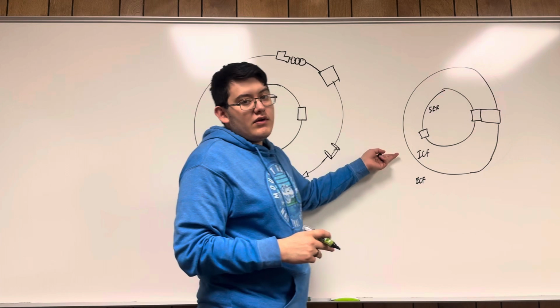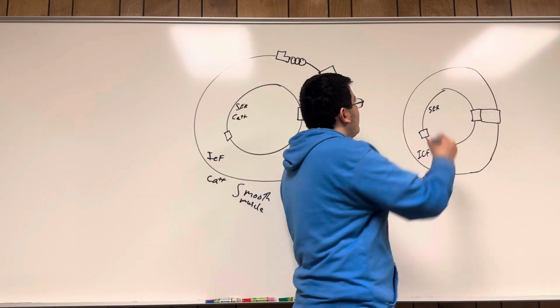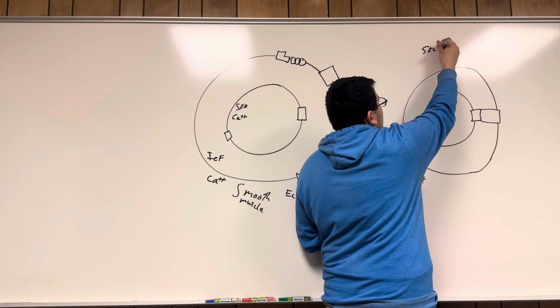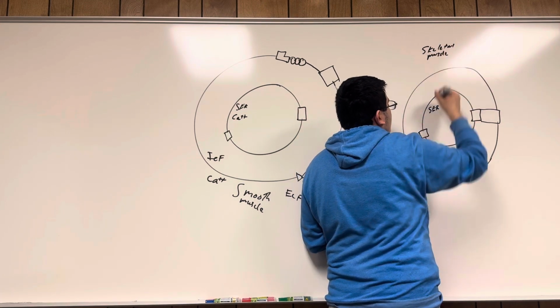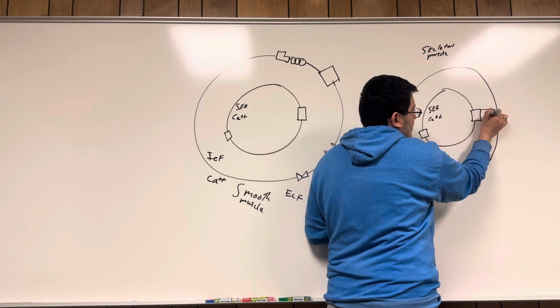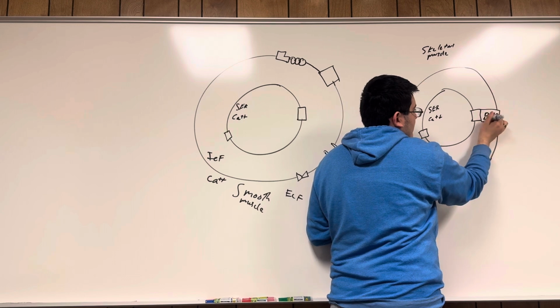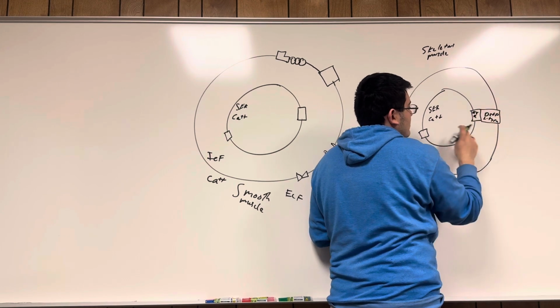Well, if we start with our skeletal muscle, here we have, wait, just let me label that skeletal muscle. We have here our DHP L-type channel, and here we have the RYR channel.